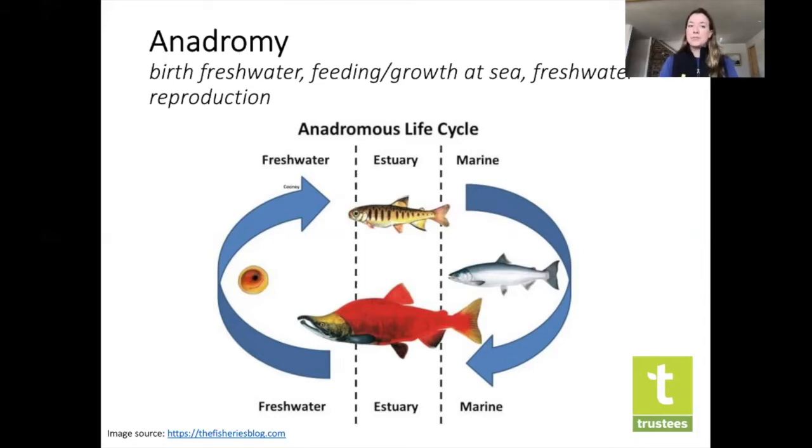So anadromy. And later in the lesson, we will be studying one species that is local to Martha's Vineyard and the northeast part of the US that is an anadromous fish.